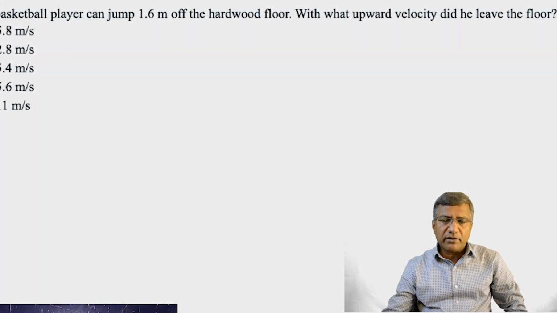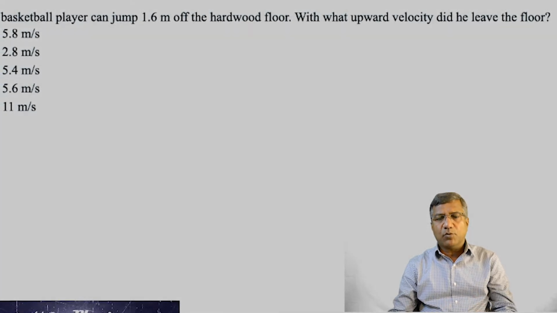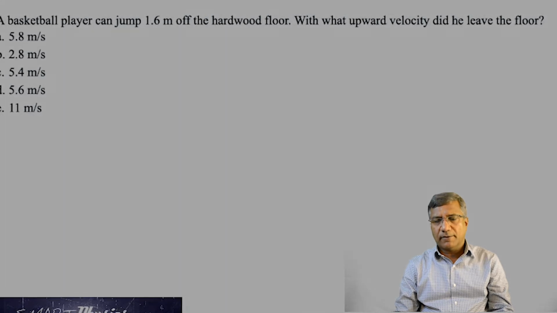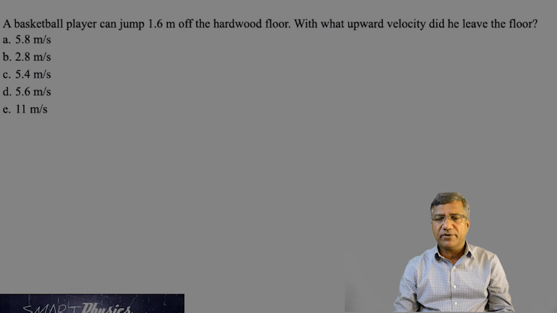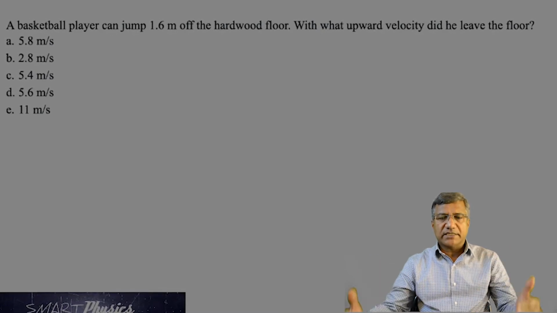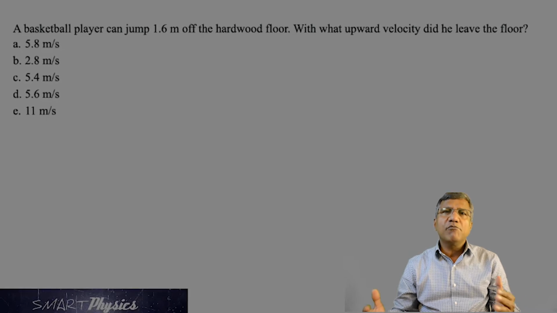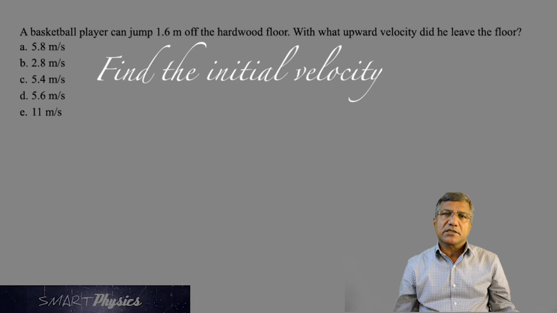And now, here is the next one. A basketball player can jump 1.6 meters off the hardwood floor. With what upward velocity did he leave the floor? So you got to visualize that. A basketball player is jumping. Now you may think he's at rest, which he is.